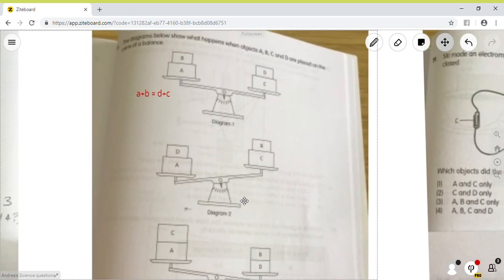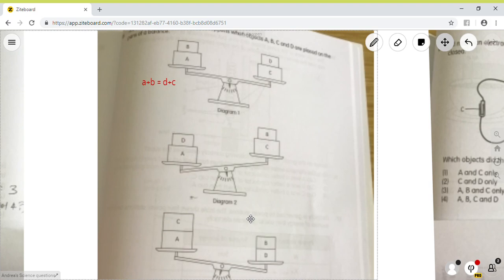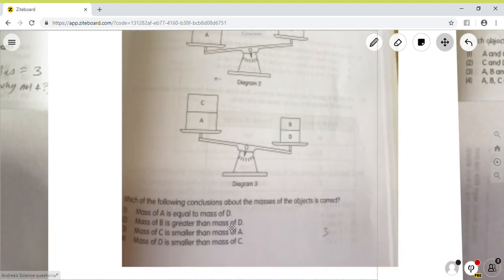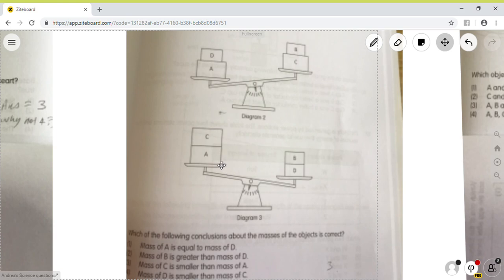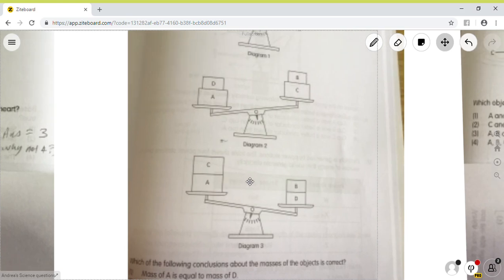Wow, this is what I mean by like an IQ question. We gotta eliminate options. A is equal to D. Can we tell?